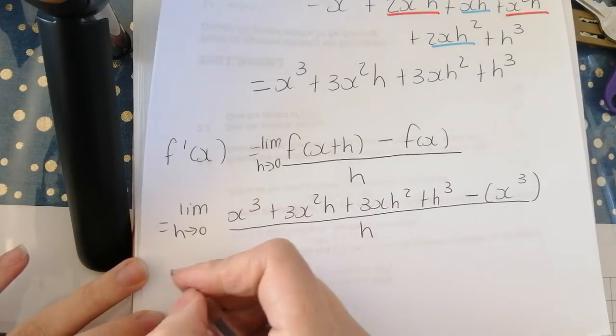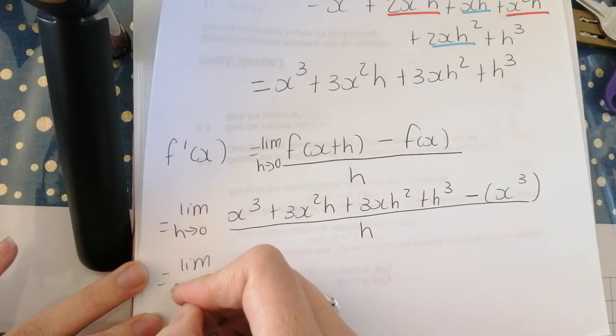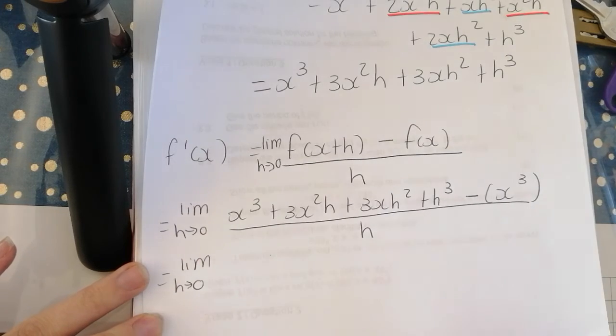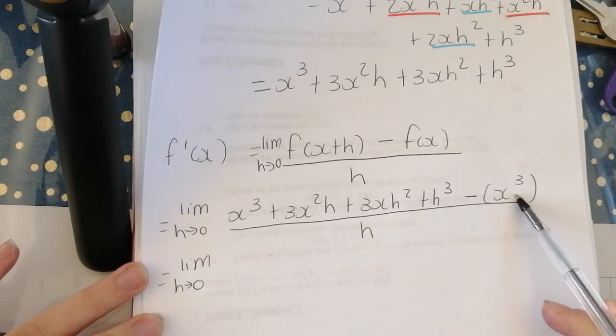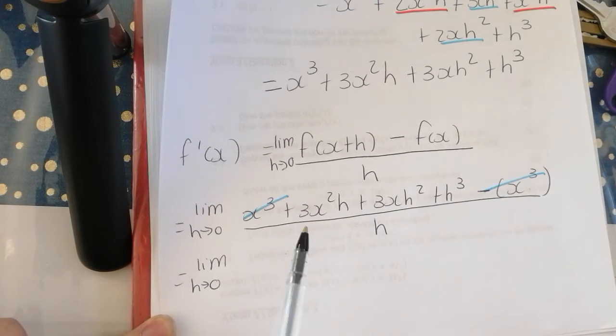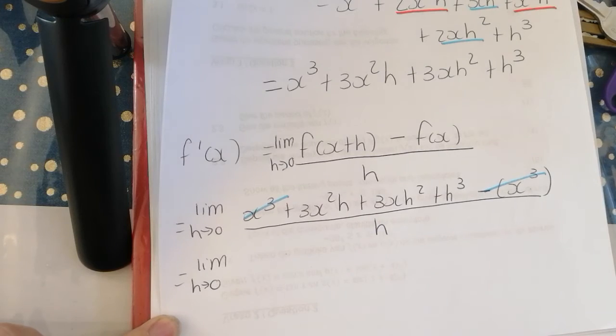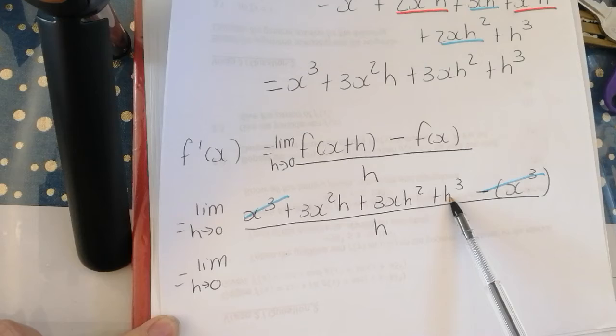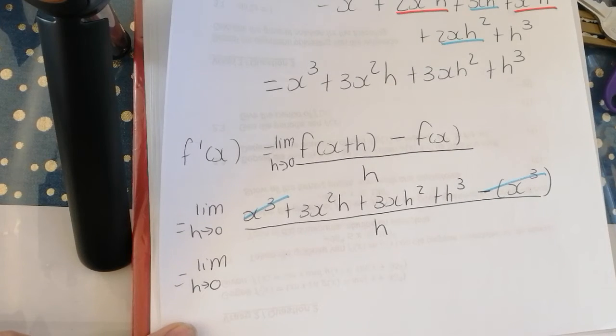So now what we're going to do is we're going to say again, the limit as h approaches 0. Now the x cubed minus x cubed, that's going to cancel out. So we have 3x squared h plus 3xh squared plus h cubed left inside our bracket.